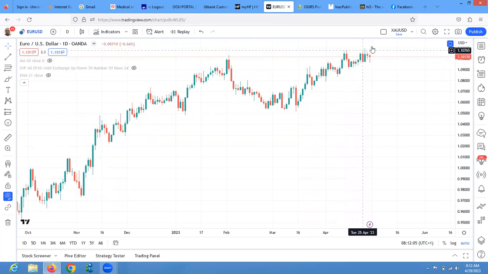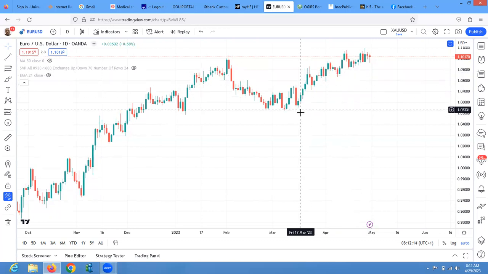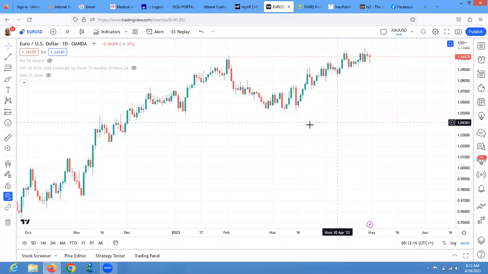So if we take this structure here to the downside, then we know that price may be going down to do a correction and pull more below and break this low. But we didn't get that.